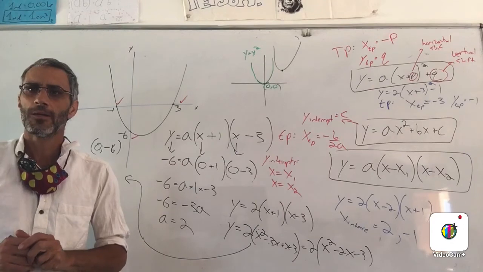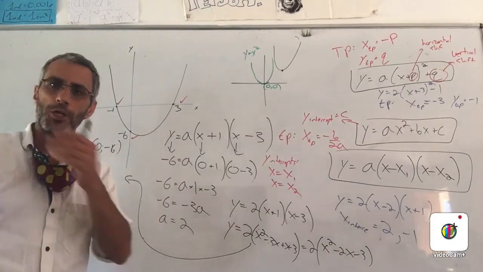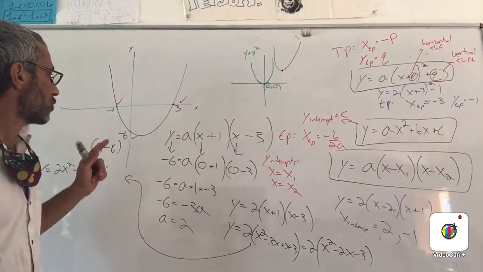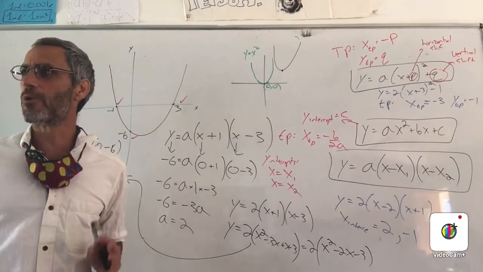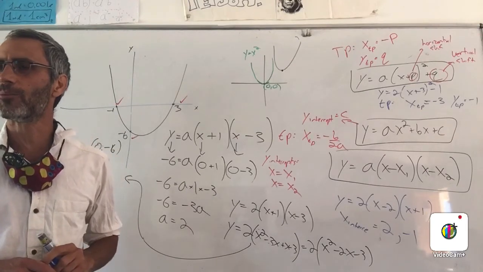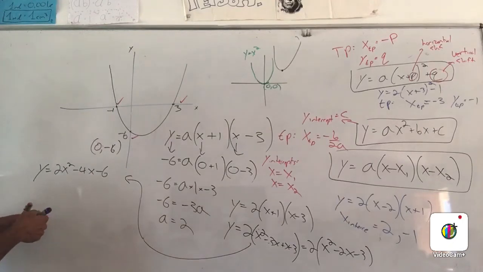Okay? Right. Now, before we end this video, there was a question here. You asked about the turning point. They didn't actually ask to find the turning point. In theory, if I want to find out the turning point, there's something I can do very easily. How do I find the turning point? You know how to do that. Negative b over 2a.